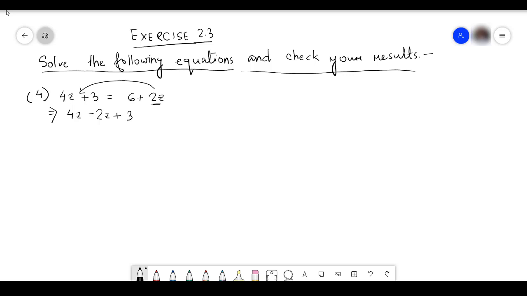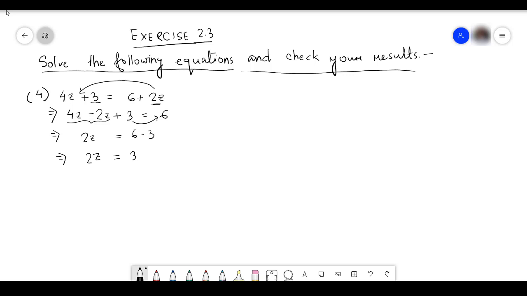This plus 3 was initially present on the left hand side, and on the right hand side only 6 is remaining. After that, this constant term again we have to shift to the opposite side, and on this side 4z minus 2z is only 2z, that is equal to 6 minus 3. When 3 is shifted to the opposite side, it becomes minus 3. After that, we are getting 2z is equal to 3.